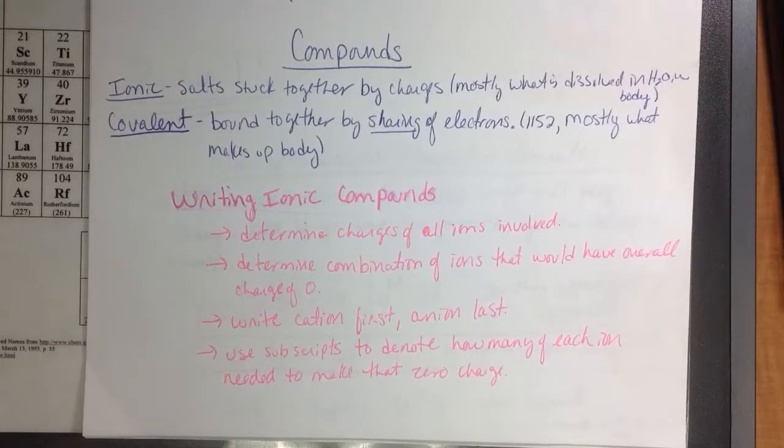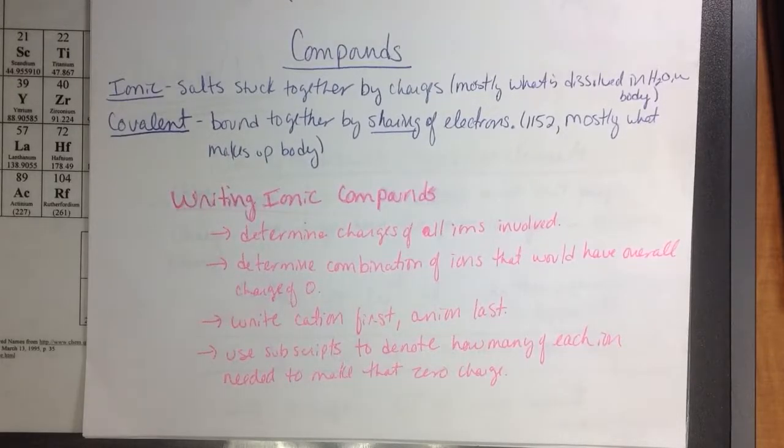Then you're going to determine the combination of ions that would have an overall charge of 0. Here's why. The universe tends to balance charge. If you have a buildup of charge, like you do in a thunderstorm, of electrons in the clouds, that's when you have this big discharge of energy, such as lightning.